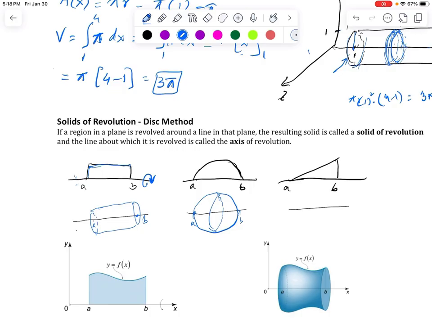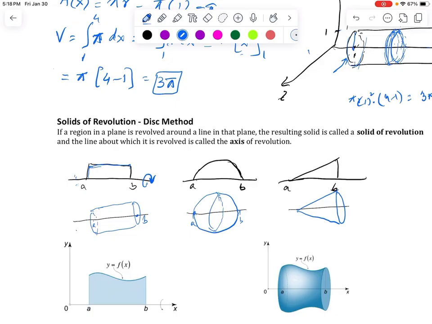This is a triangle. When you revolve this one, you will end up getting a cone. Now we know the formulas for these shapes.